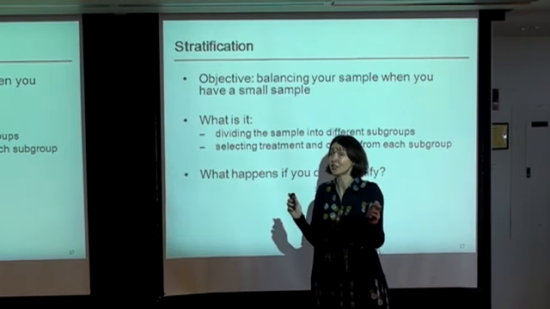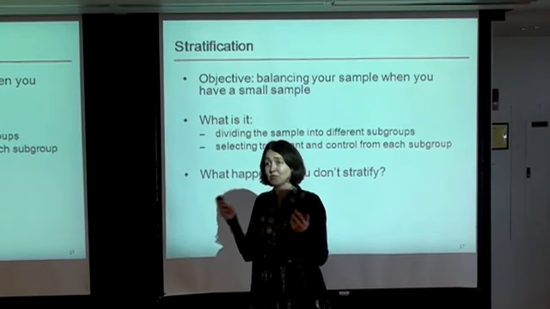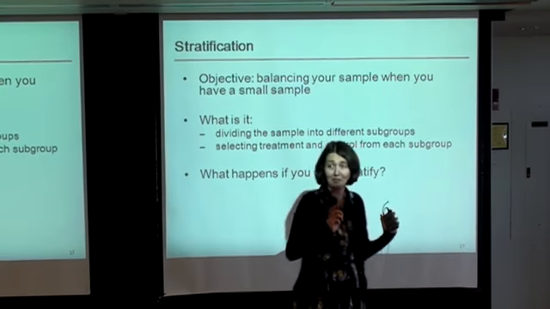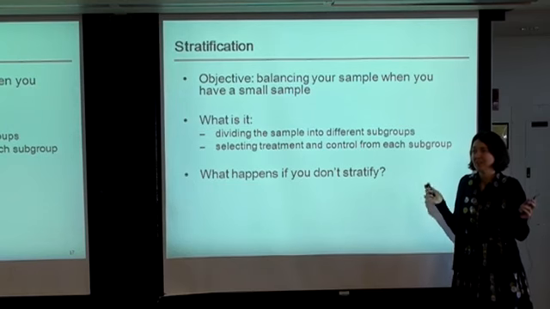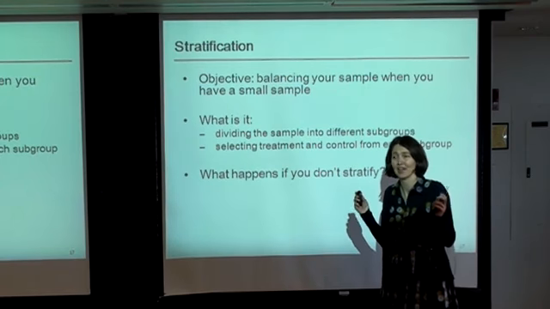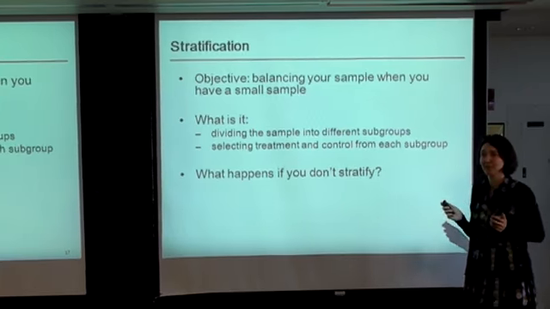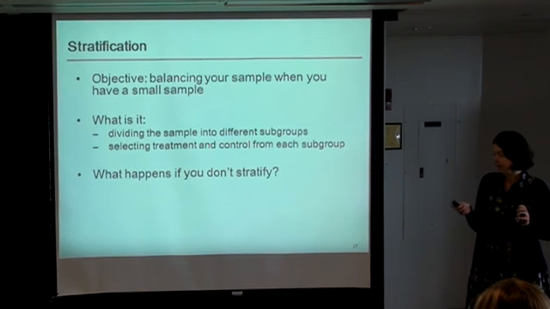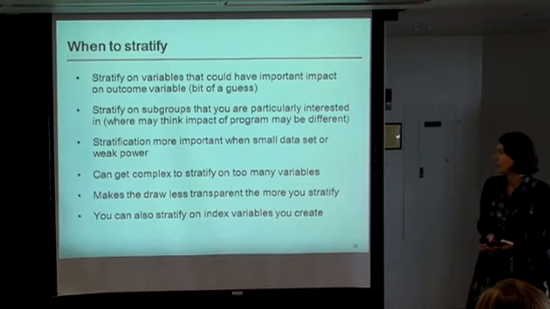But you're really screwed if just by chance you do your pull and you end up with all the rich guys in treatment and all the poor guys in the other, and then you're done. Your evaluation isn't going to work. I mean, this is statistics, right? It's on chance, and by chance you just may get a really bad pull. If you do that and you see that it's just screwed, as I say, I would pull again.